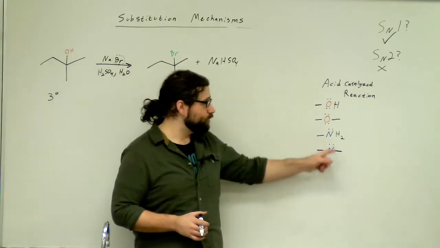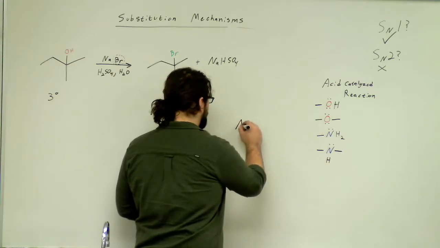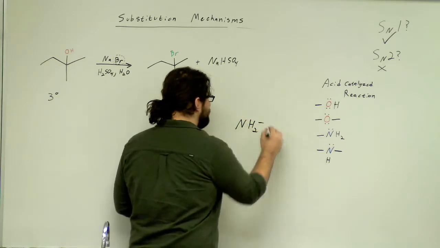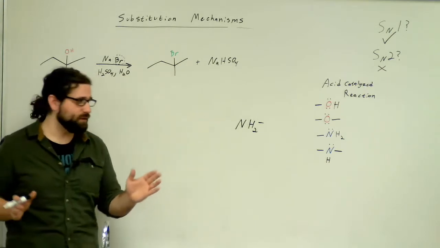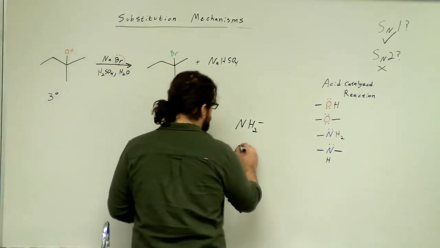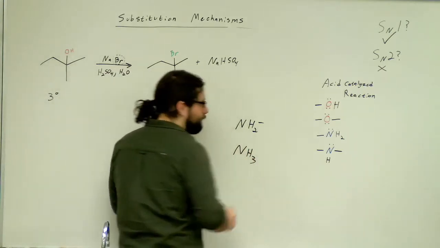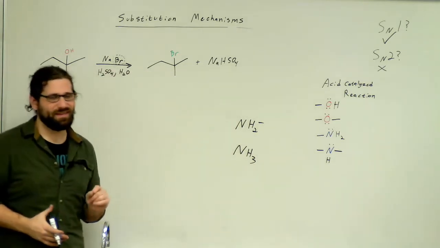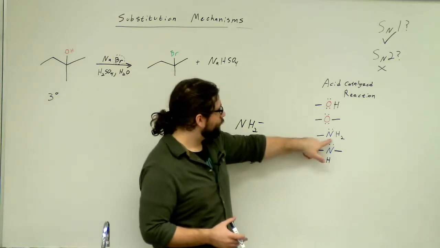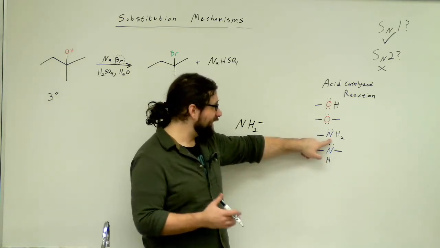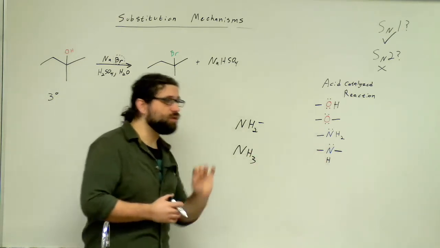NH2 minus, that is a very good base. That would be a horrible leaving group. But NH3, that wants to get out of there. So NH3 is a much better leaving group, so if I can throw an extra hydrogen at this NH2, it is more likely to leave.